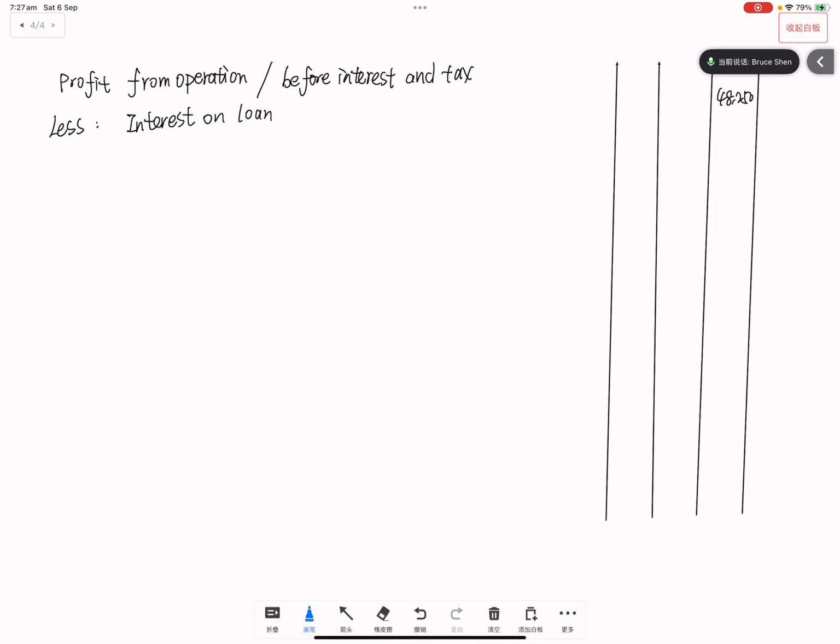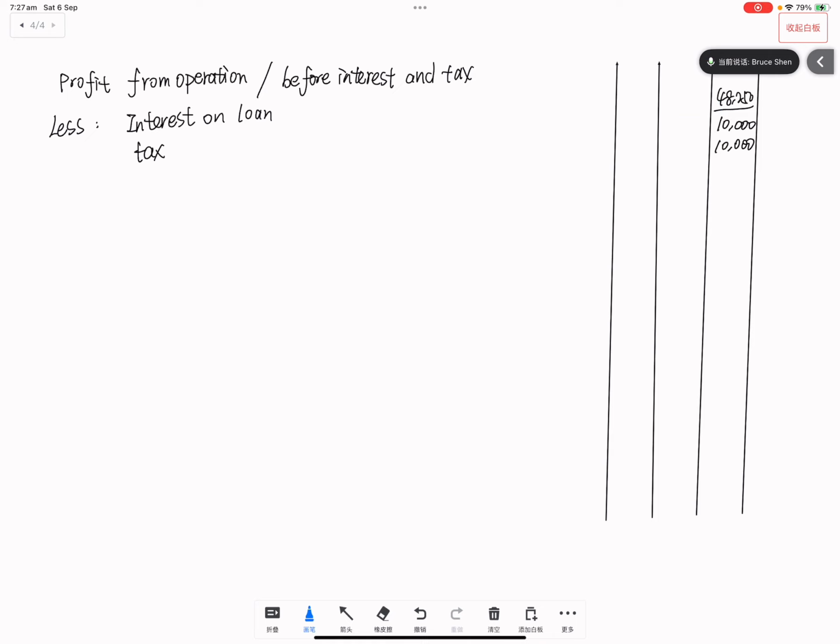And of course, tax. You see, tax is also kind of like an expense. It is not. It is the tax charged on your profit. So only if you can get the profit before it, they can charge tax. So we can have those two amounts. Simply record them in this column, like 10 grand for interest, 10 grand for tax.